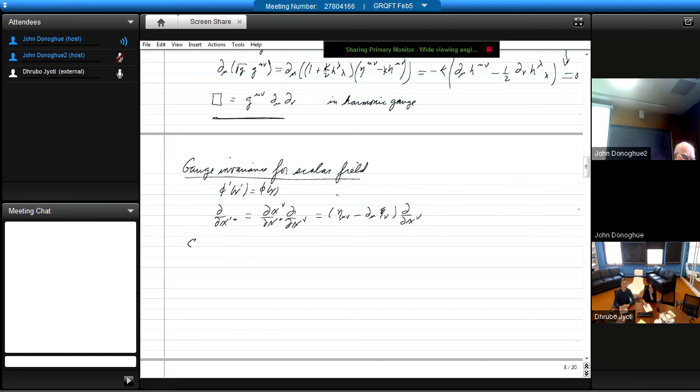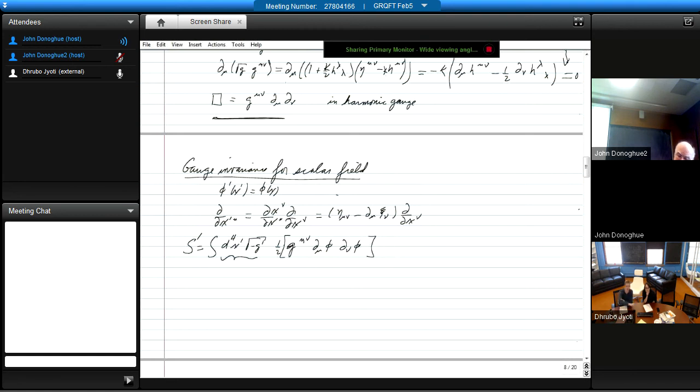And we have an action, so S prime would be d4x prime, square root of minus g prime, there'd be a half g mu nu, d mu phi, d nu phi. I don't need to write out the mass term because that's more or less obviously invariant.